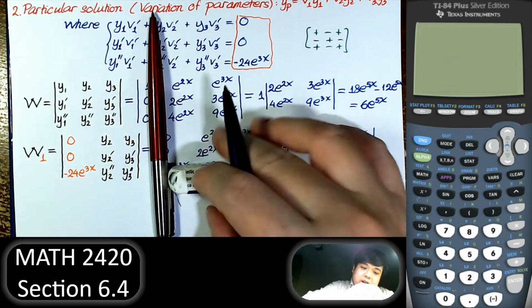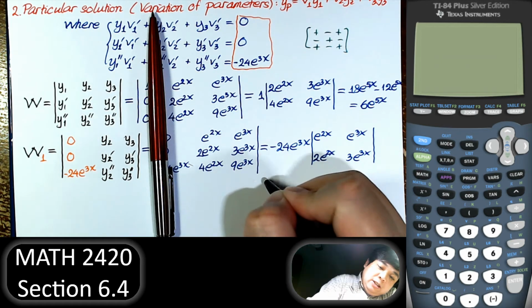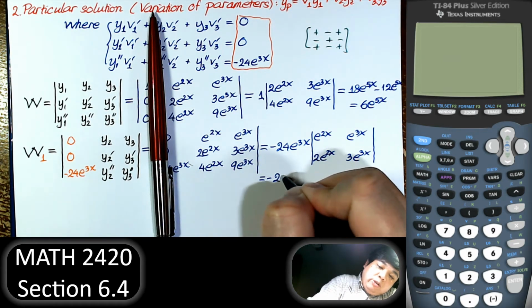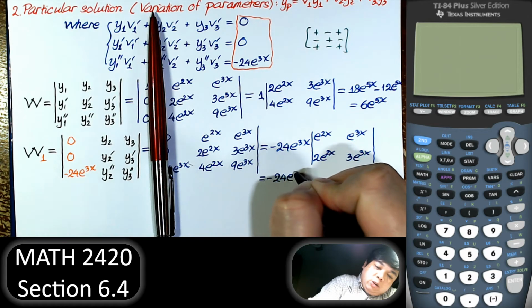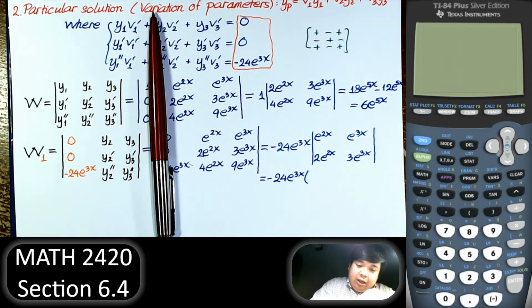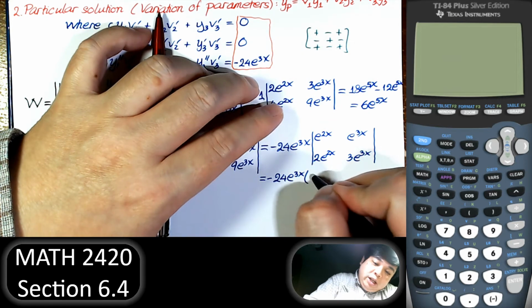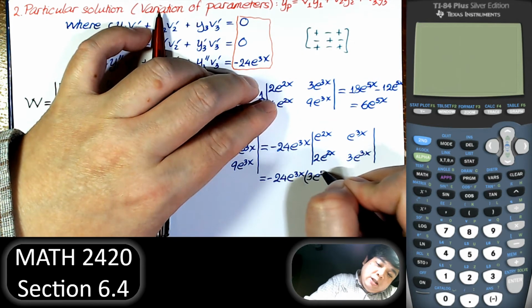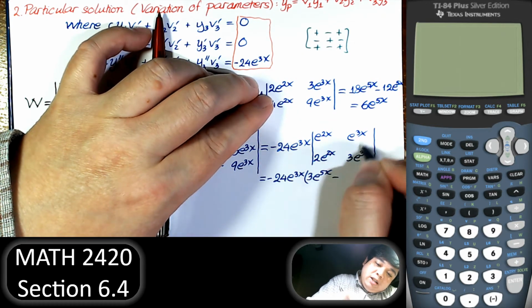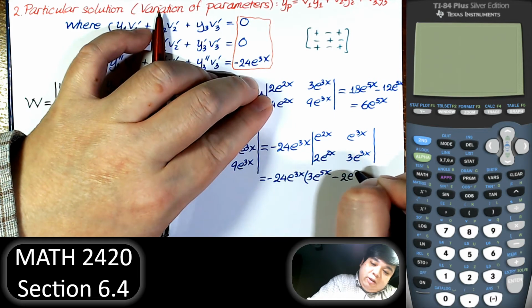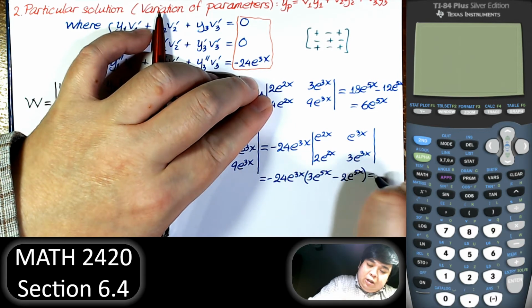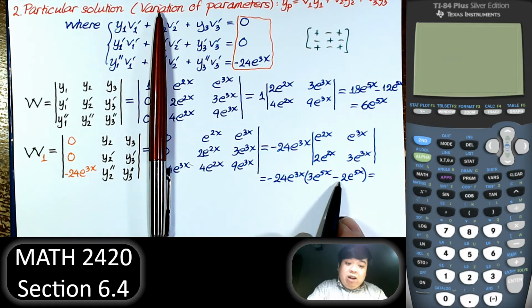Right, multiply negative 24e^(3x). Multiply this, we have 3e^(5x). Subtract 2e^(5x). So that gives us e^(5x).